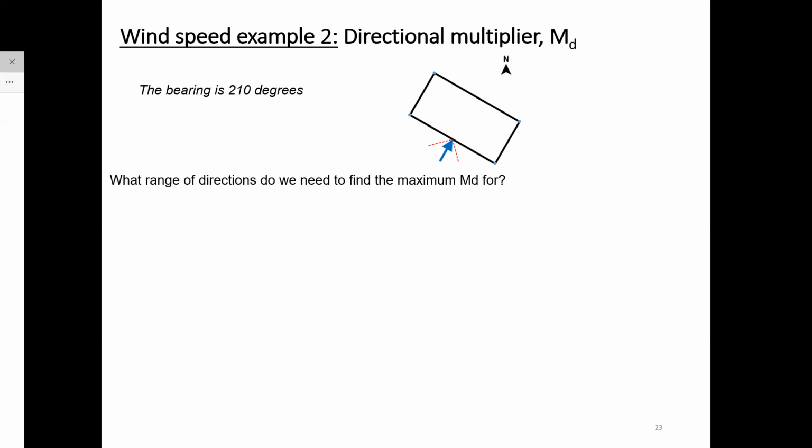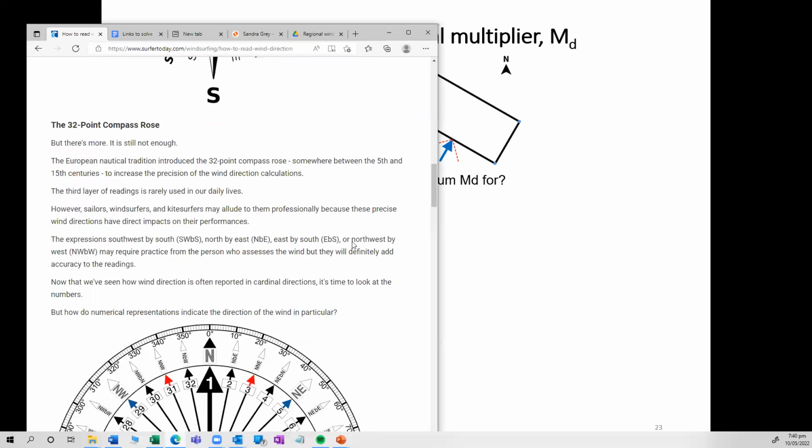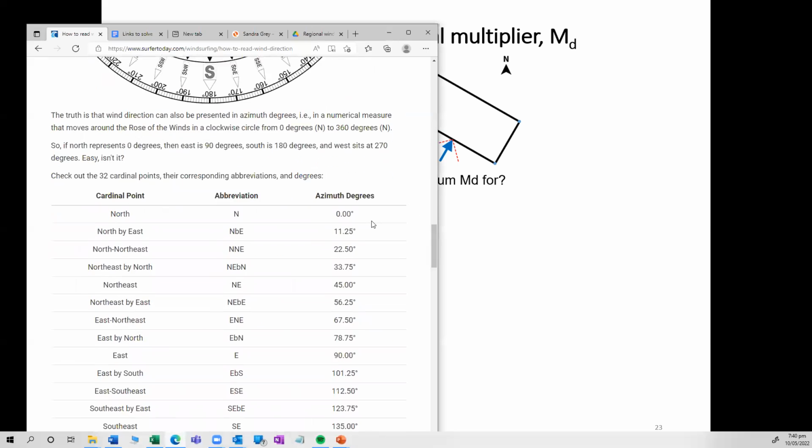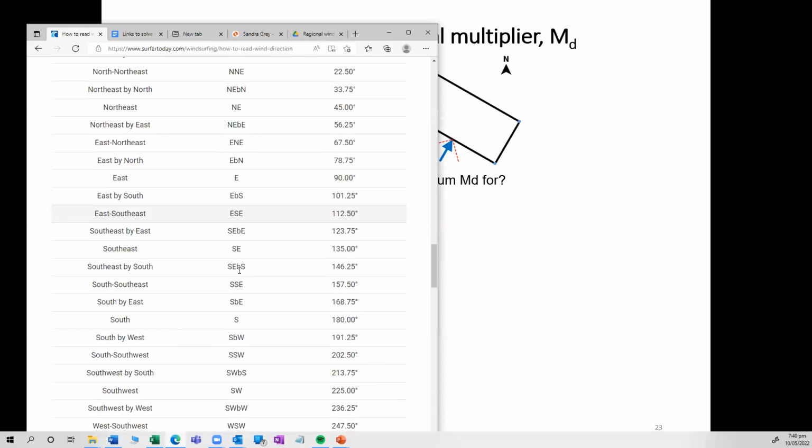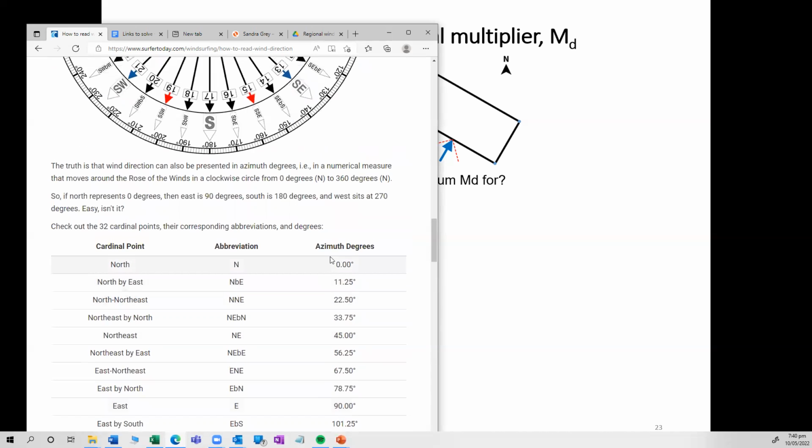I looked it up during the break, and this is actually the way we do it for wind. If you've got something like northeast, that means it blows from the northeast and goes towards the southwest, and that's 45 degrees. If you've got southwest, it is 225 degrees. So it seems that is the way they do it for wind.